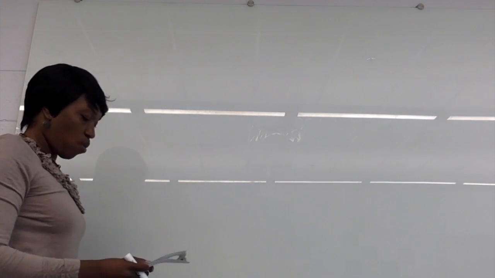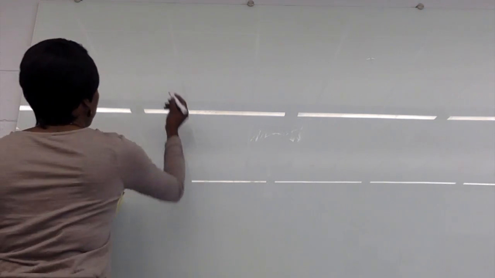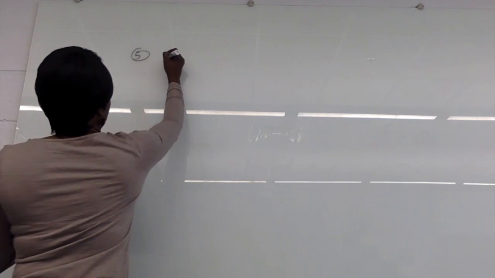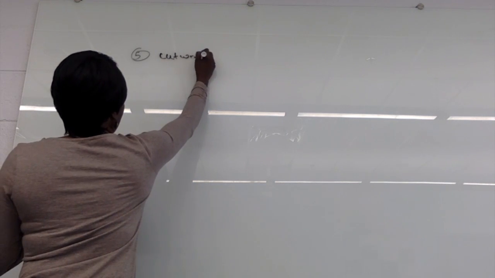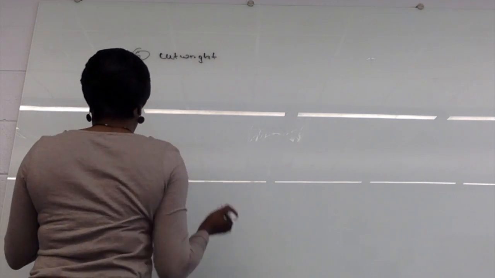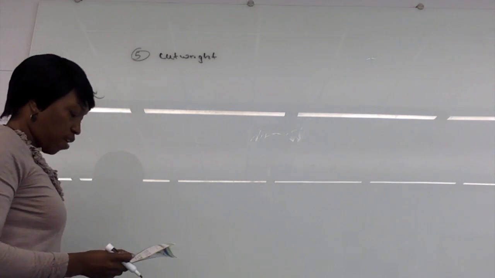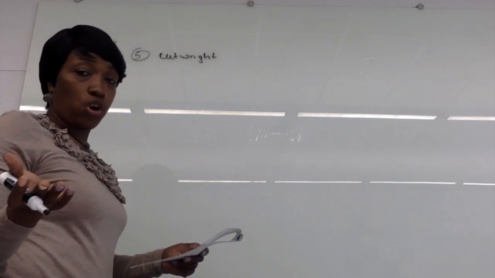Okay, let's look at number 5. The results of a car race are shown. Determine who drove the fastest and explain. Now, when you look over here, you have 3 people here. So I'm going to set this up for you. We're first going to look at Cutright. He's the driver. And we are trying to find out how fast he's going.